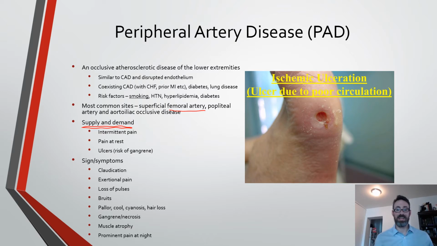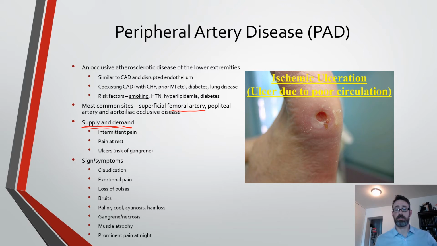If it's aortoiliac, so it's higher up, any occlusion there would affect structures higher up than that. So that would be in the calves as well, but might also be affecting the buttocks, the hip region, and so on.